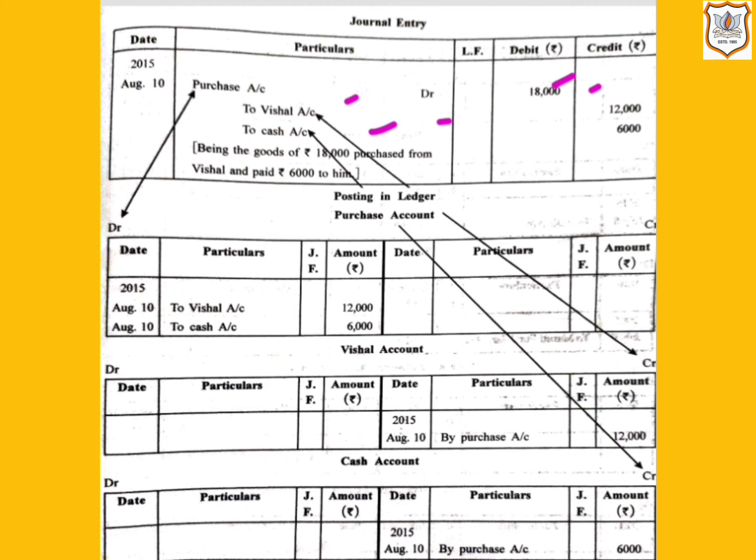While posting on the credit side of Vishal's account and cash account, account showing opposite effect, that is purchase account, will be written in the column of the particulars. So here you can see that here we will write to Vishal account, to cash account, and in Vishal account and cash account, we will write in particular column by purchase account.